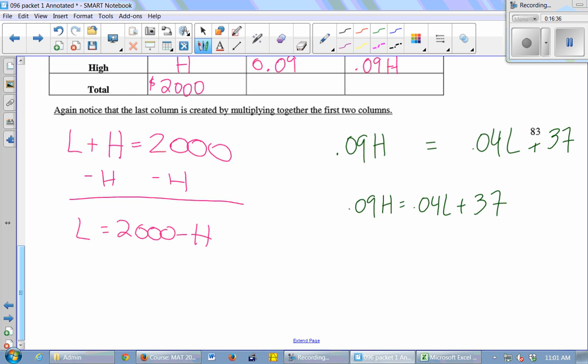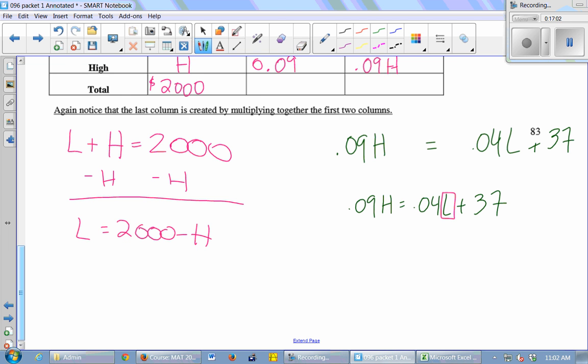Okay, so then I make my substitution by going over to my other equation. This is a crucial thing: you have to use the other equation when you make your substitution. Wherever you see an L in your other equation, you're going to substitute that L with 2000 minus H, because they're equal. L and 2000 minus H are the same.